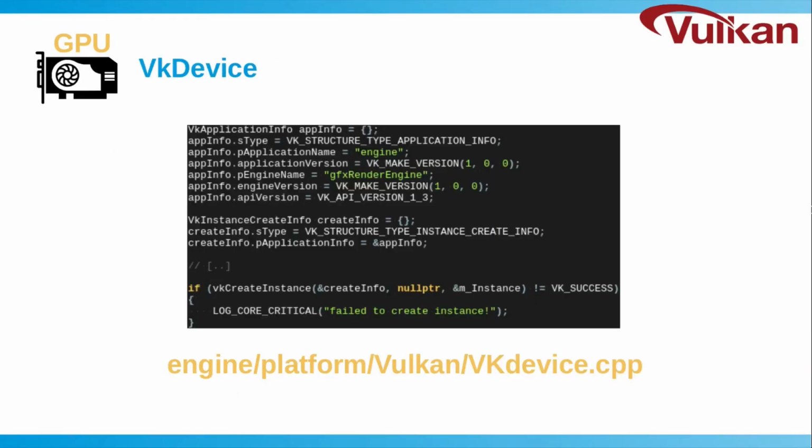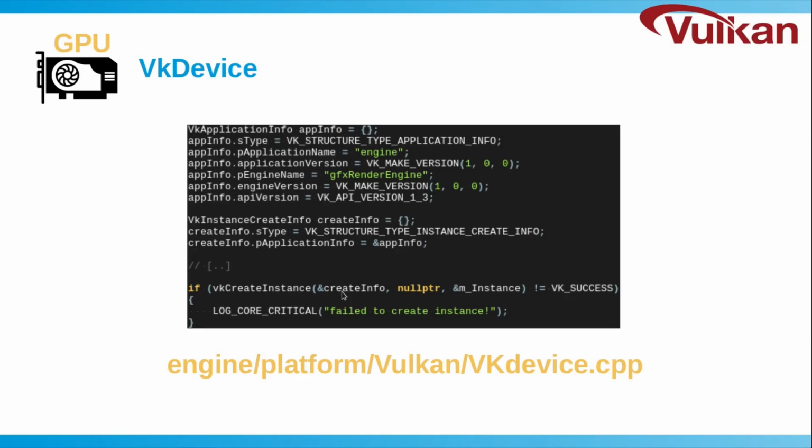Back to the Vulkan instance, which we said lets us pick a GPU and create a logical device called VkDevice. Here's the code to create the instance. I'm showing this because it's typical Vulkan code. Down here, we have a call to a library function vkCreateInstance.